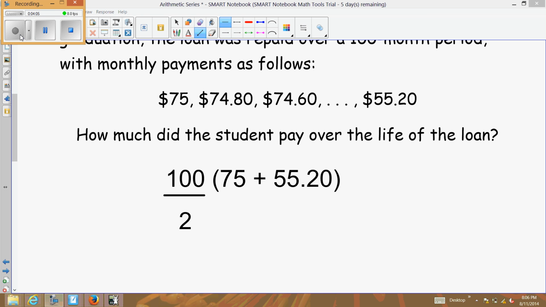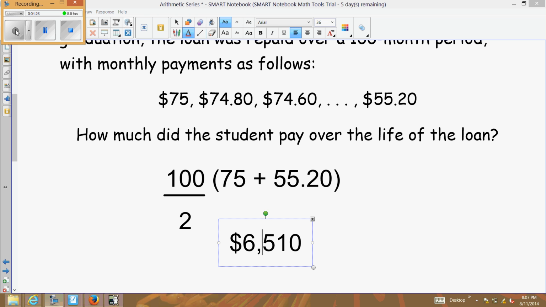Okay, so we look at this and we do 100 divided by 2, which gives you 50. And you're multiplying that by your 75 plus your 5520. So you want to add that 75 and 5520 together first, and then multiply by the 50. And you get the answer of 6,510. So that's how much the student paid over the lifetime of the loan.